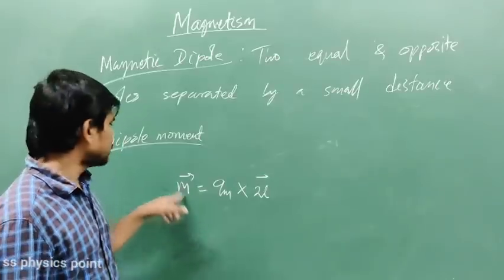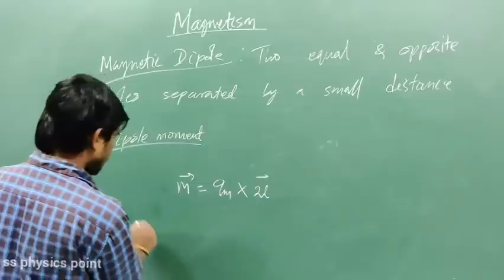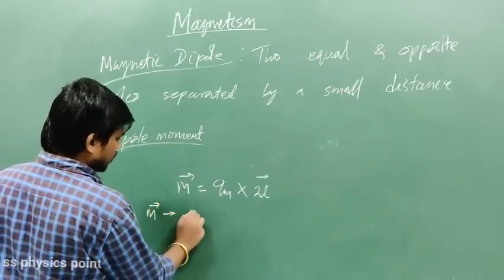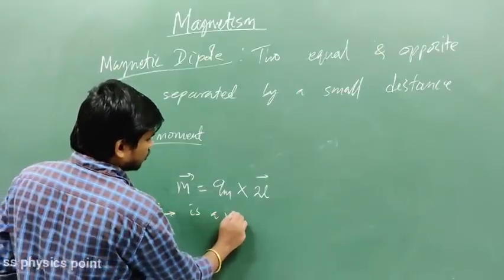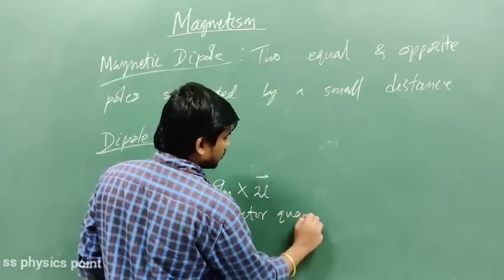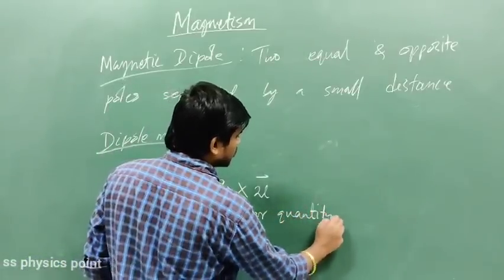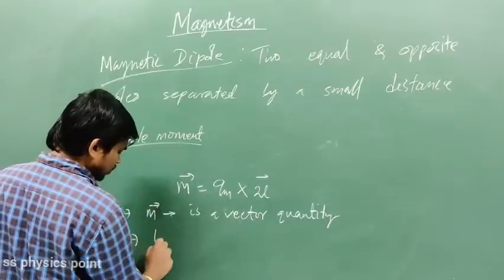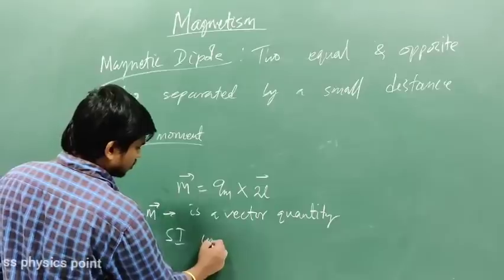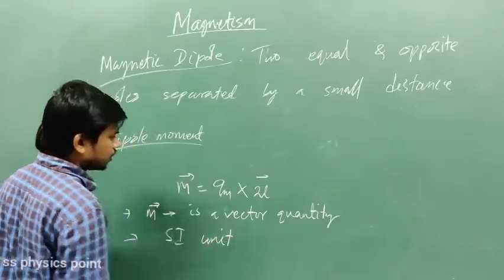What is M? M is the dipole moment. Remember, M is which quantity? Vector quantity. Dipole moment is a vector quantity. Remember this one. And what is the SI unit of dipole moment?